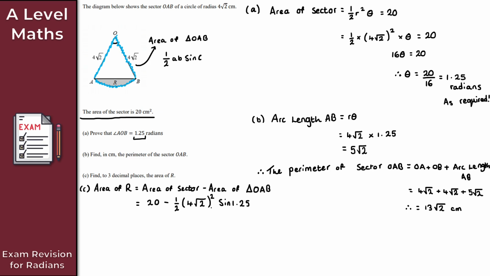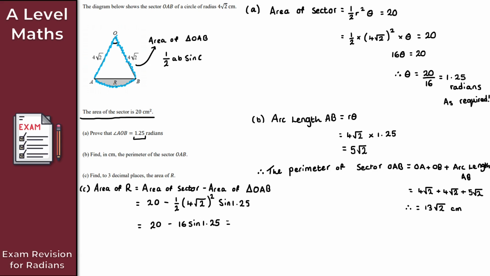If we simplify, 4 root 2 squared, as we know before, is 32, times half gives us 16. So I've got 20 minus 16 sine of 1.25.